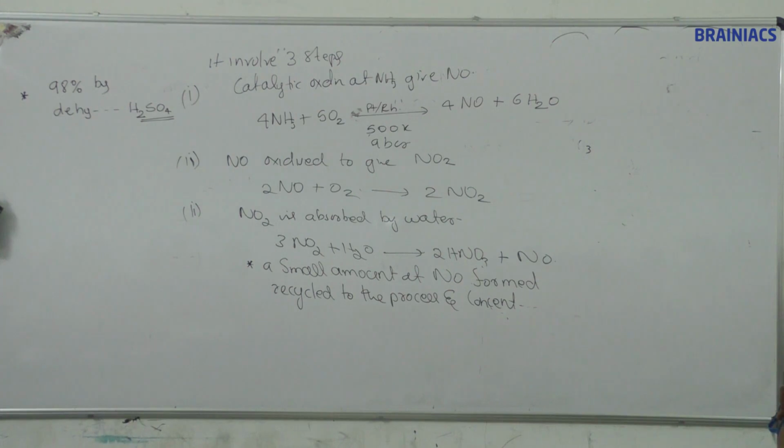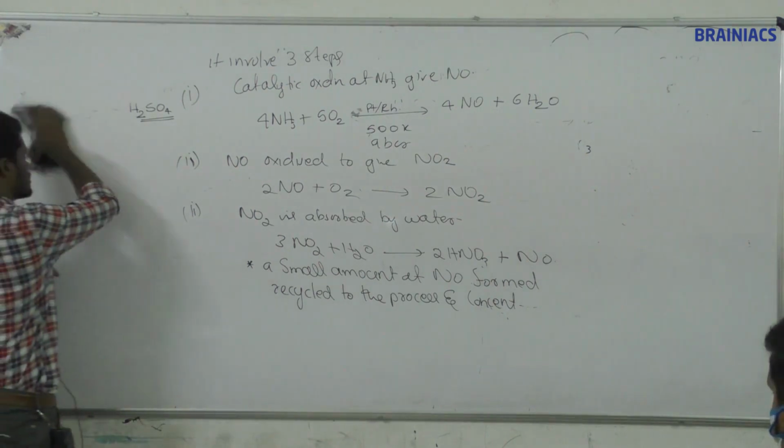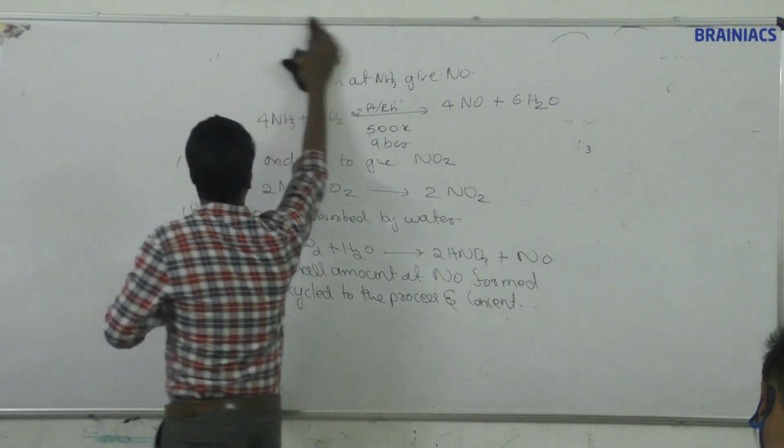Okay, so these are the preparations of HNO3, nitric acid. So what is the commercial preparation of nitric acid? Ostwald process.